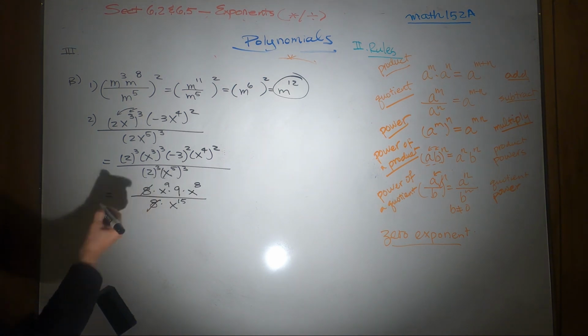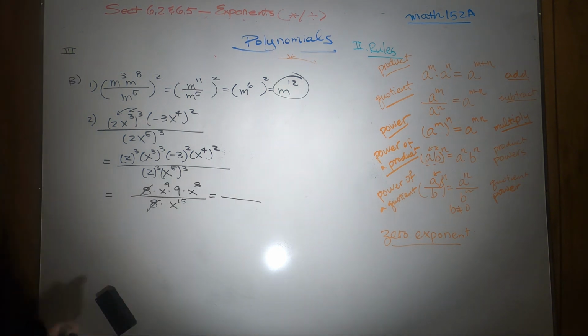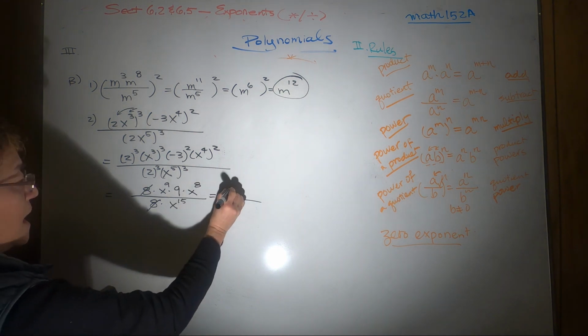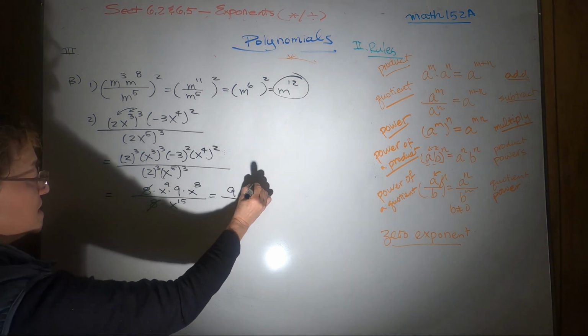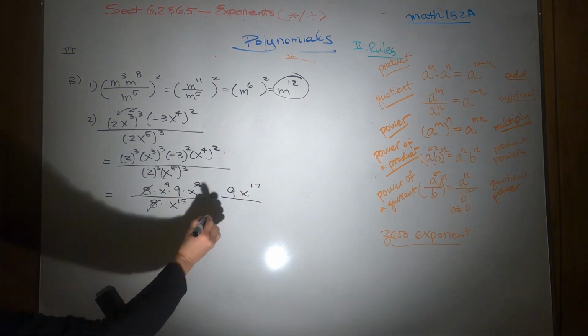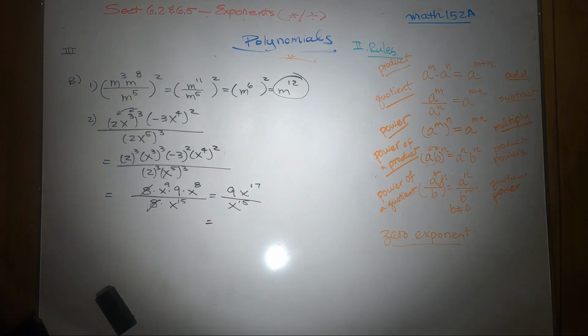Then we can cancel this and see what will happen. So on the top, the numerator would be what? 9 and how many x's? 9 and 8, 17, right? Over x to the 15th, right? Still too many x's.